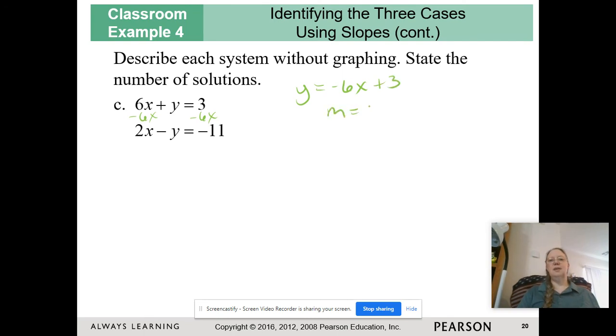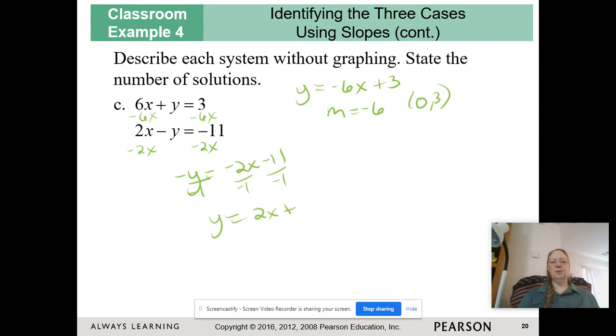My slope is -6, and my y-intercept is 0, 3. And so I'm going to subtract 2x. I'm going to be lazy and not change the color. And divide by -1. 2x plus 11. And my slope is 2.